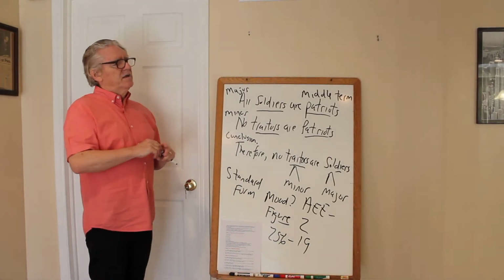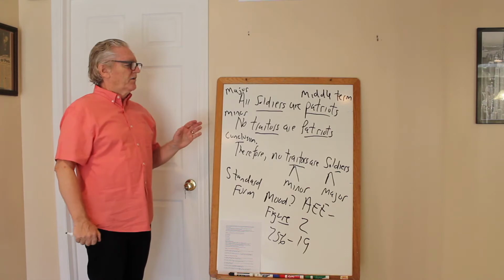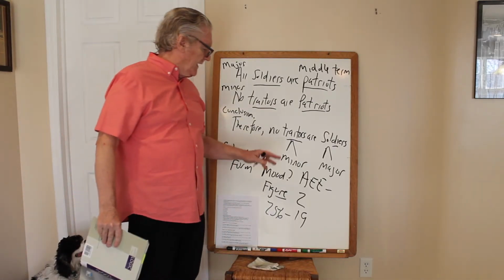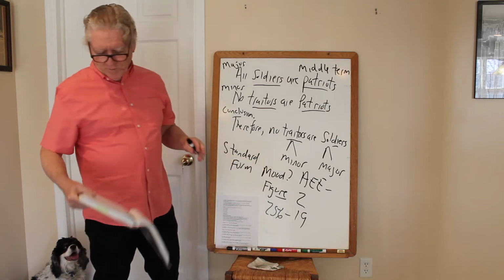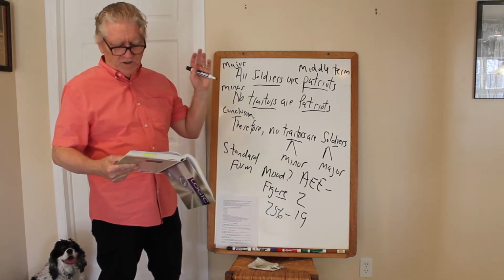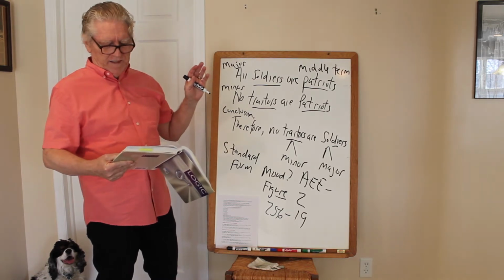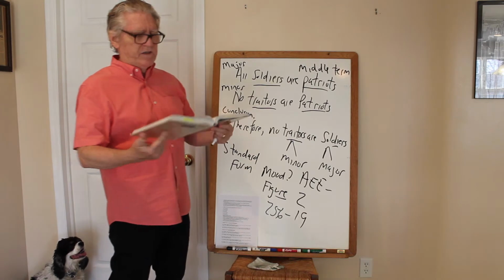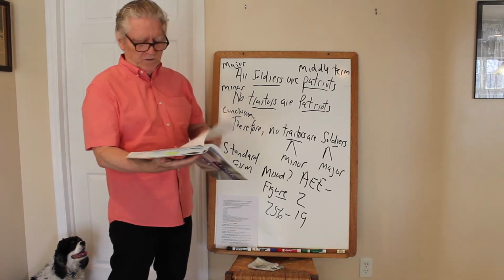With these, we're going to have to say whether they are valid or invalid. The mood and figure here is AEE figure 2. If you look on page 277, there's a table of unconditionally valid forms, and it says AEE figure 2 is always valid. The first exercise is really just asking you to do a little accounting.